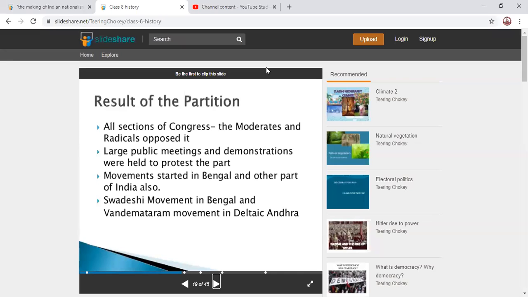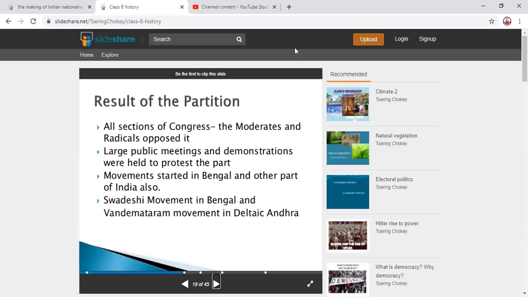Boycott meant that Indians were discouraged from buying goods manufactured in England, so that British industries would have no market in India. Bonfires were made of British-made goods and shopkeepers were encouraged to keep Indian goods instead of British goods.